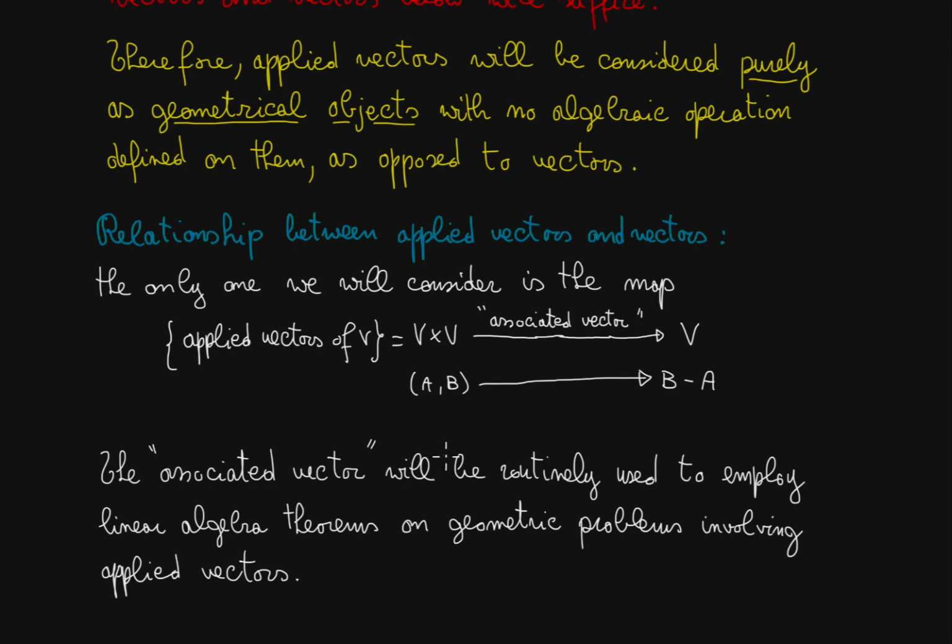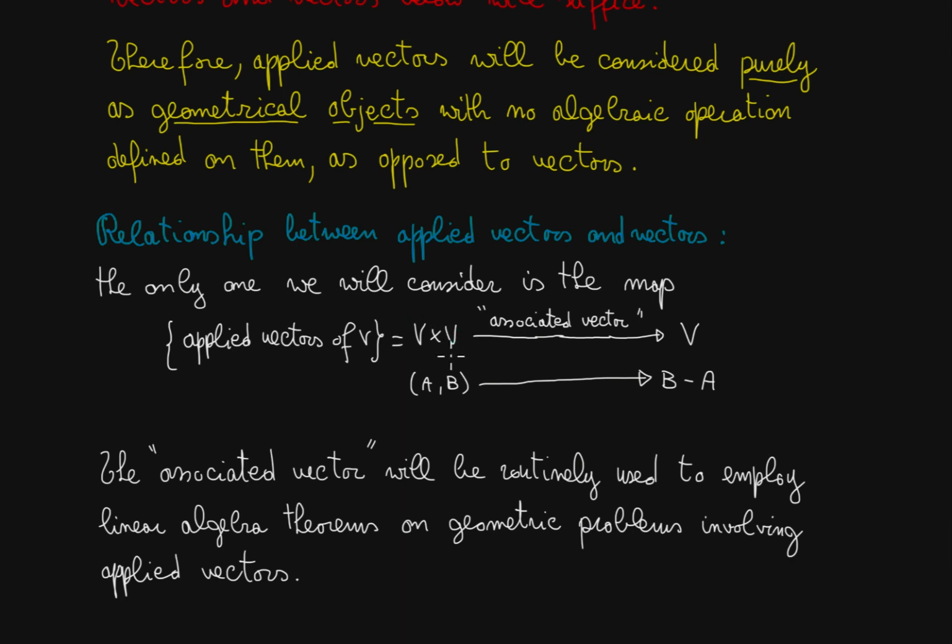The associated vector will be routinely used to employ linear algebra theorems on geometric problems involving applied vectors. So applied vectors are very useful to give a mathematical model to some geometrical questions. However, it is much better, actually it is mandatory, not to consider them as algebraic objects.